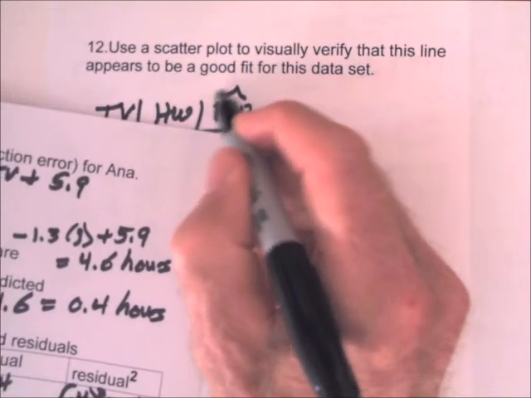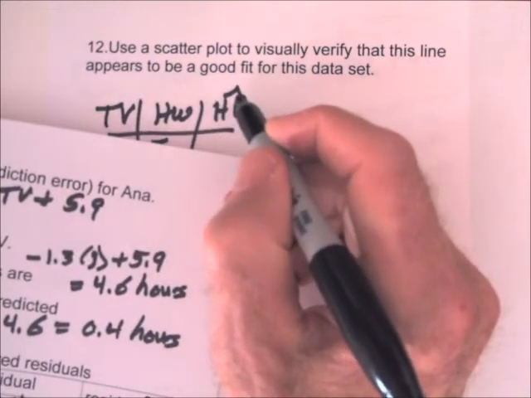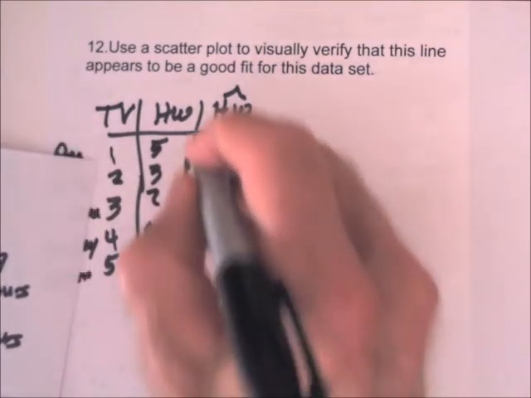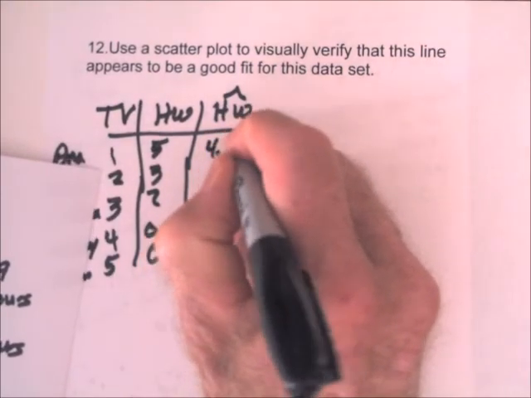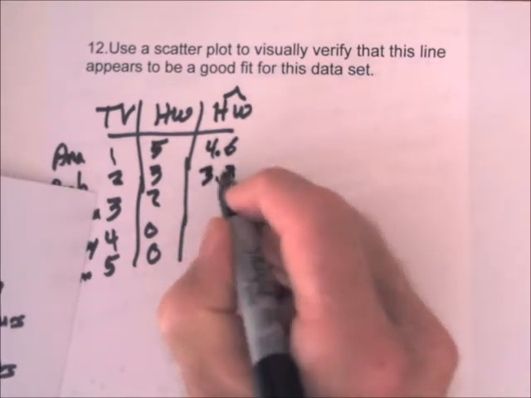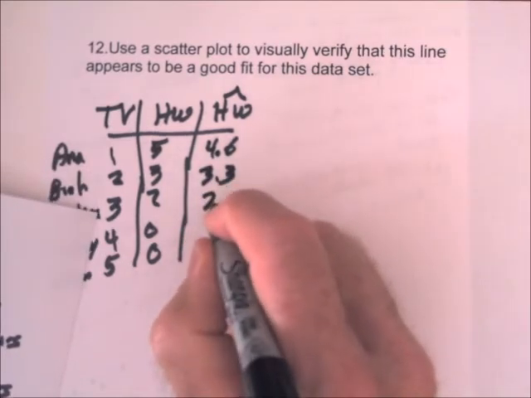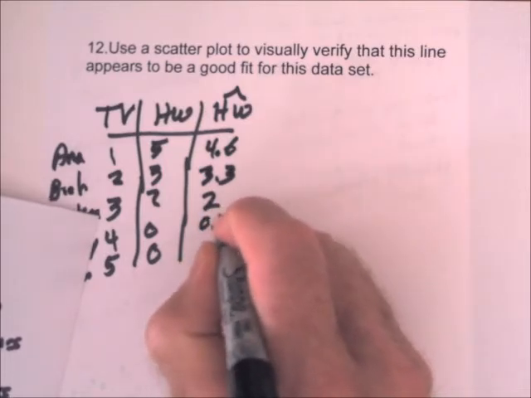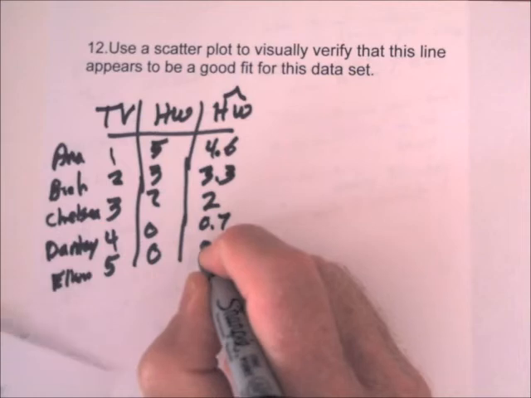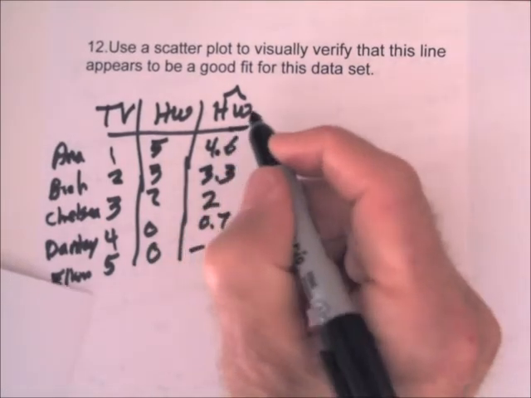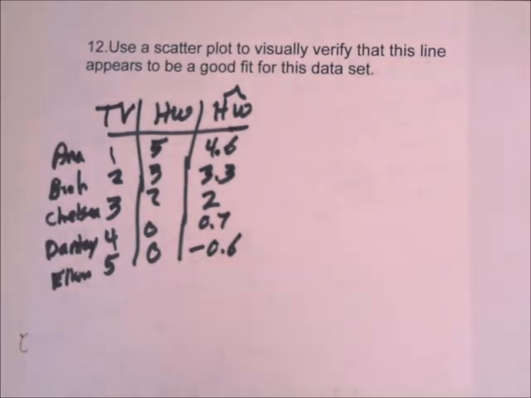So this hat is often used to mean the predicted Y value. So for Anna, the predicted was 4.6, and for Ben it was 3.3, Chelsea 2, Dante 0.7, and Ellen negative 0.6. So that's the predicted. And so let's make a graph showing both of these.